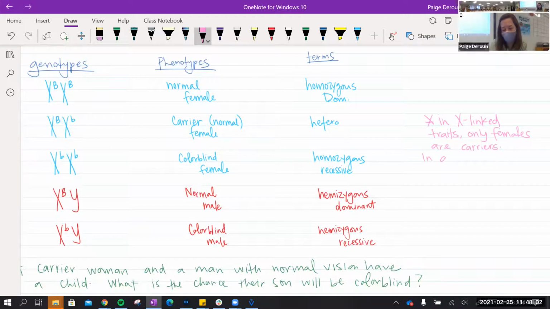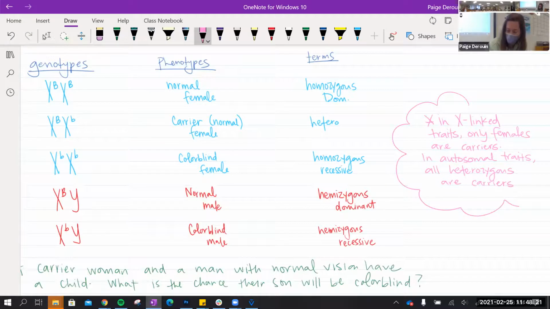In autosomal traits, which are all the other ones, all heterozygous are carriers. Okay. So if you see a problem like this, just pay close attention to whether it's X-linked or not. And pretty much the examples are only going to be color blindness, hemophilia, maybe baldness.